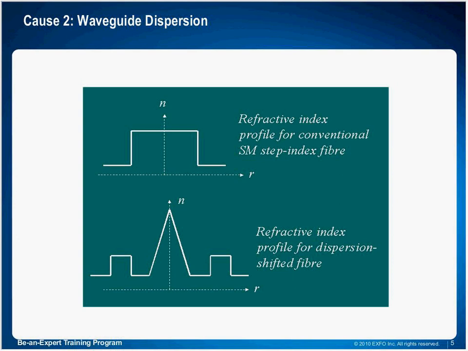In a different type of fiber, which would correspond to the second part of this graphic, we would have a dispersion-shifted fiber. Now, the dispersion-shifted fiber has a different refractive index profile, different than single-mode standard telecom fiber. There's actually a central area or a core area where we have a graded index. That's a diagonal line close to the center.